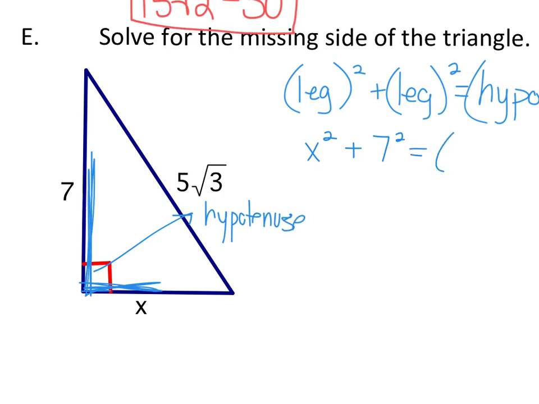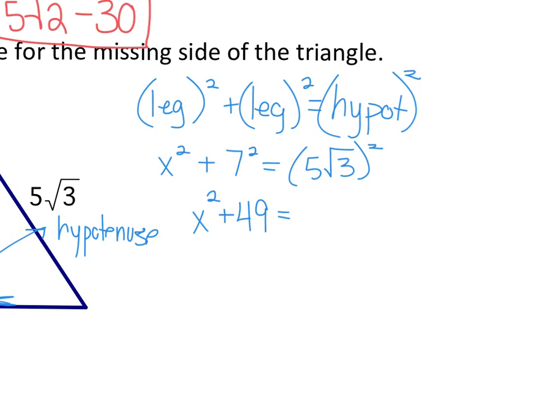So this is going to equal 5 square roots of 3 squared. Let's clean up the left, let's clean up the right. I get x squared plus 7 squared, which is 49, equals. Now, when you have a value like this, I like to show kids that you multiply 5 root 3 by itself, so times another 5 root 3. This side, I can't do anything with it.